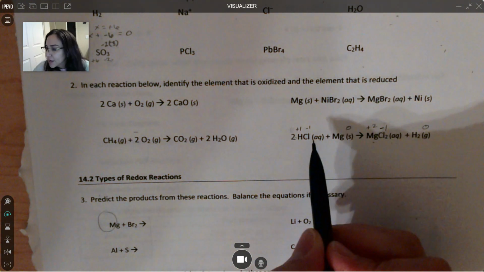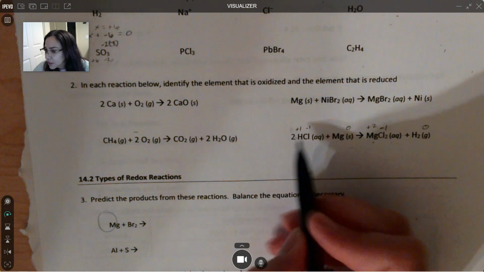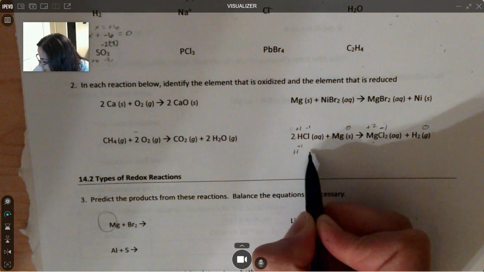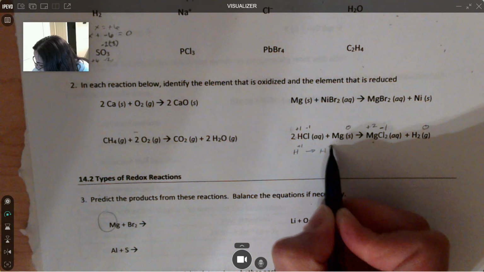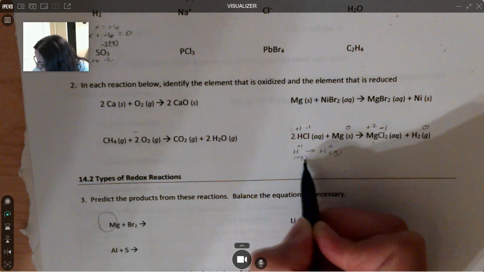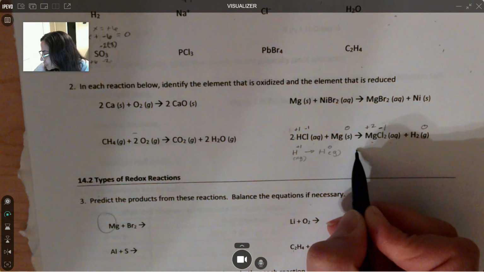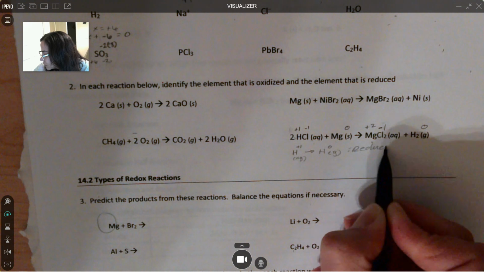So chlorine -1, magnesium is a +2. What happens here? Well, hydrogen goes from a +1 to hydrogen 0, and this is gas, and this is aqueous. So positive to a 0 means gained electrons, and if you gain electrons, you are reduced.